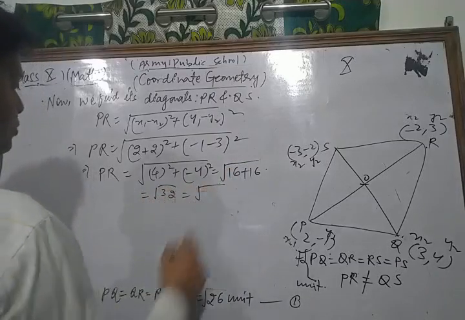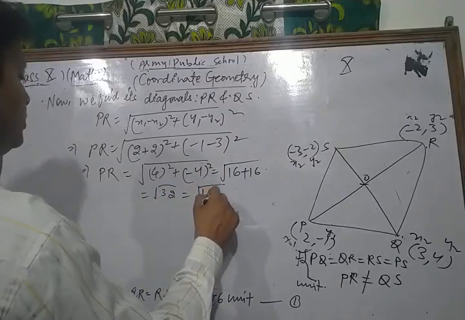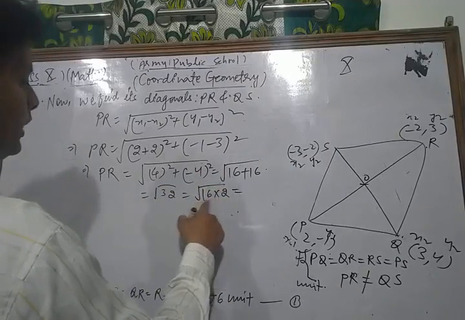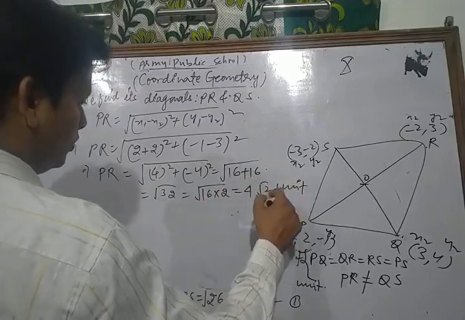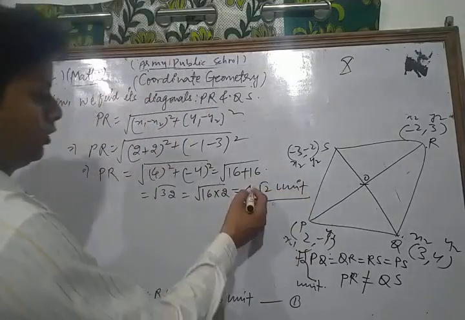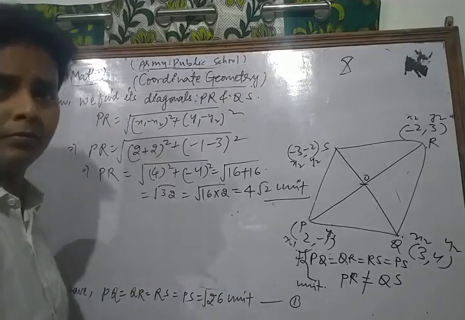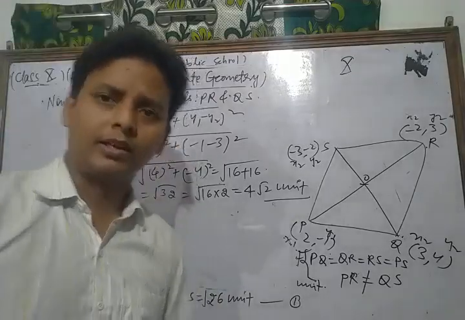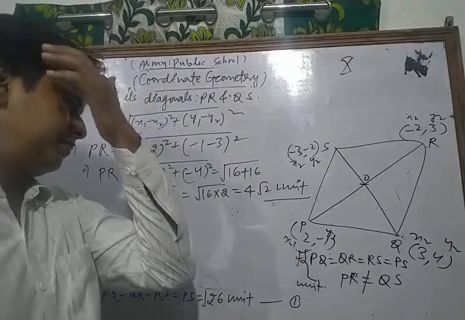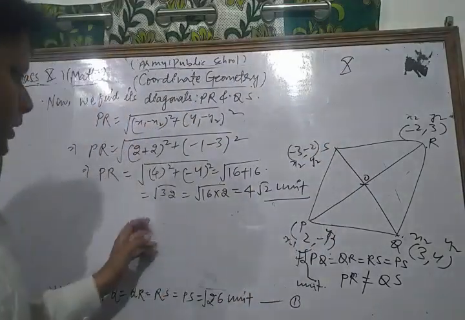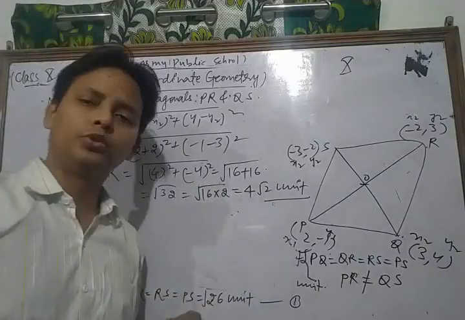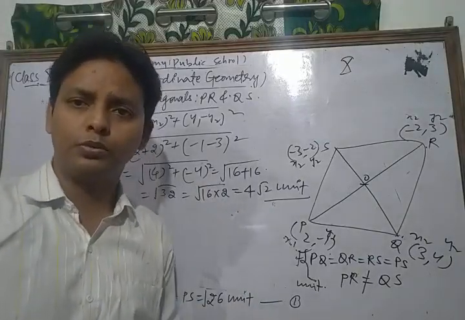Now we can also write 16 into 2, so we take 4 common out, 4 under root 2 unit. In this way we find the diagonal PR, which is equal to 4 under root 2 unit.